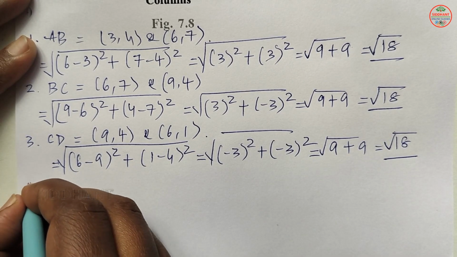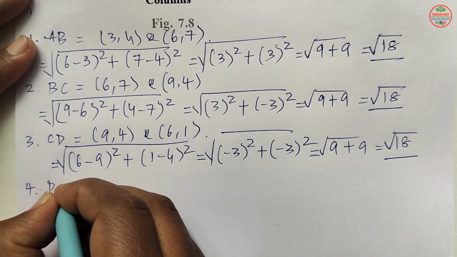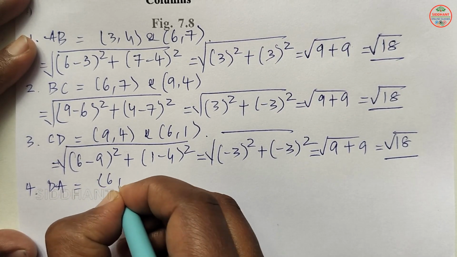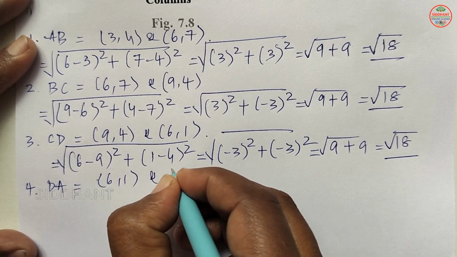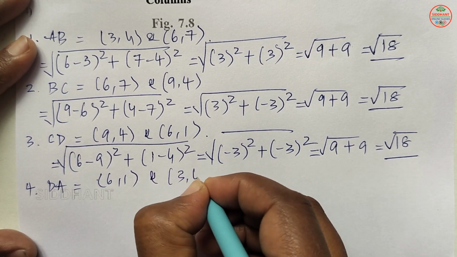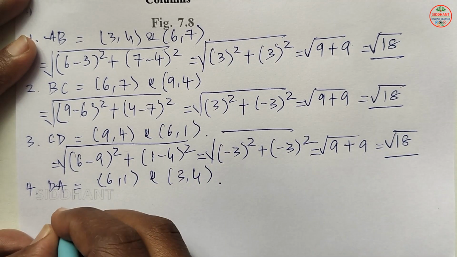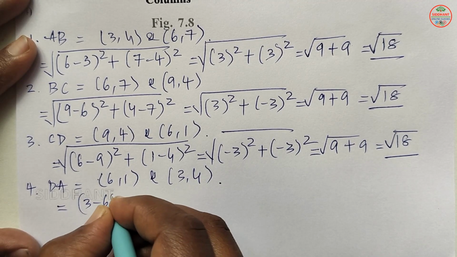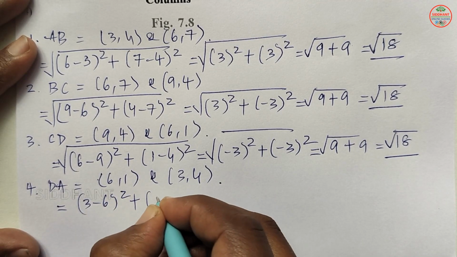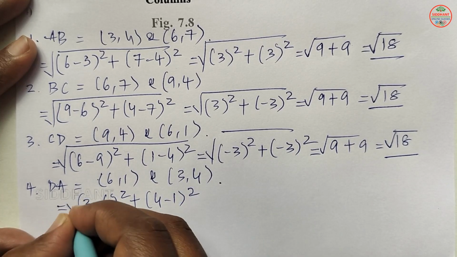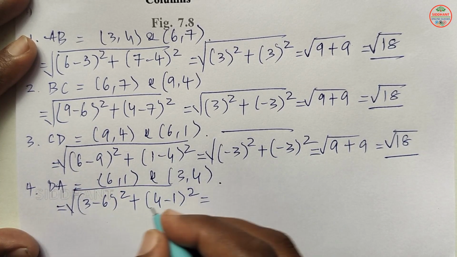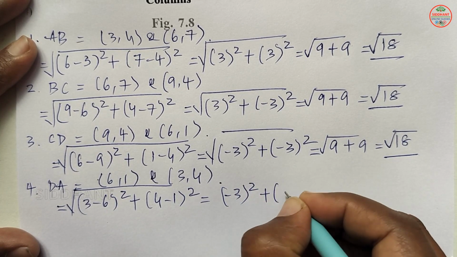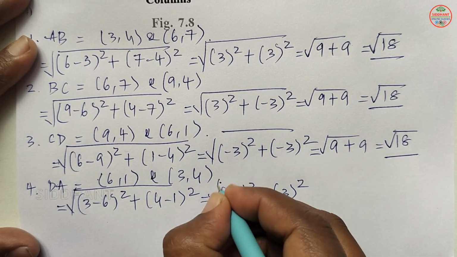Next, fourth we are going to see DA. D point 6, 1 and A point 3, 4 here. So distance is equal to x2 minus x1, so that will be 3 minus 6 whole square, 4 minus 1 whole square, square root 3 minus 6, which will be minus 3 here, plus 4 minus 1, 3 square here.